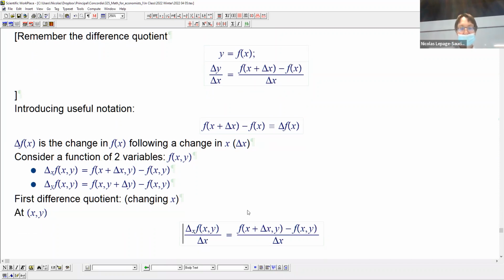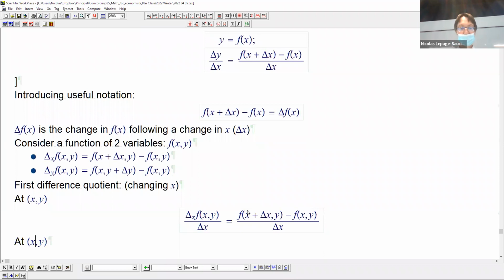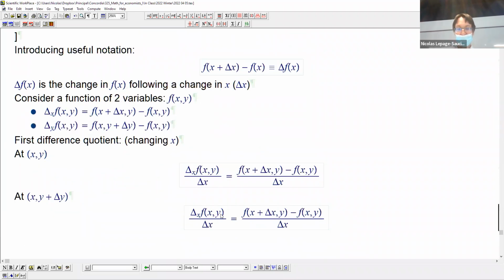And then let's evaluate it at x, y plus delta y. So all I do is add some plus delta y there, so that's just a number. So plus delta y, plus delta y.